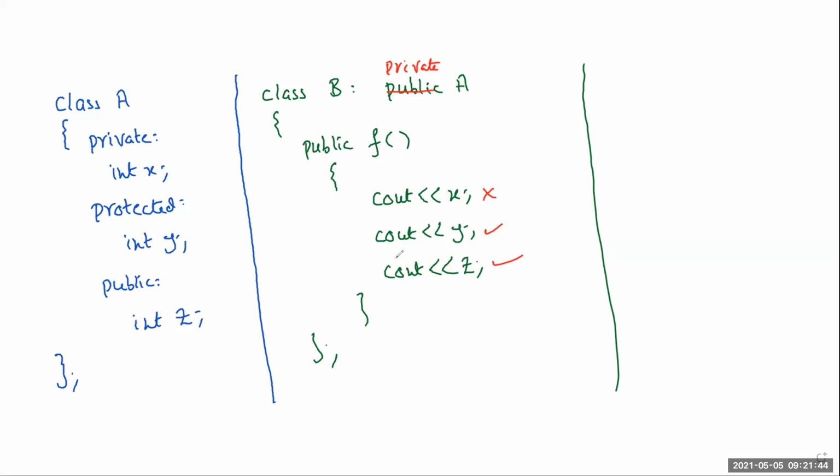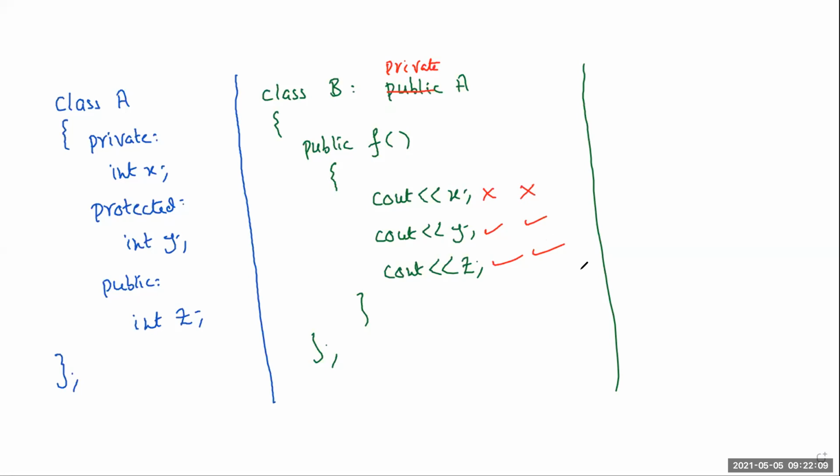Okay, one suggestion is cout X is invalid. Another suggestion is that all three are invalid. And another suggestion is that cout X is invalid. Okay, now let me just explain. You see, by making it private within the child class, nothing will change. Still, this is invalid. The rest two are okay.